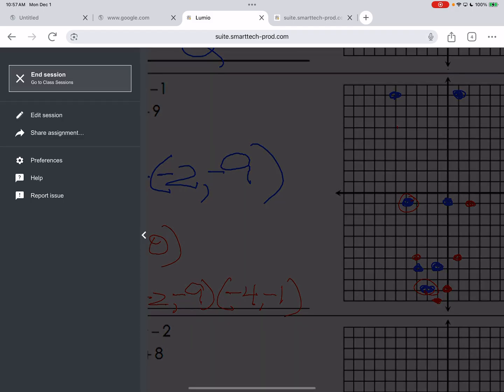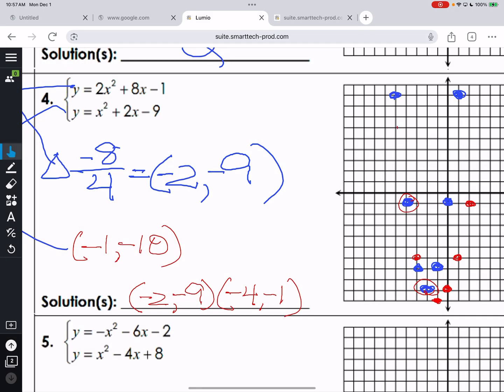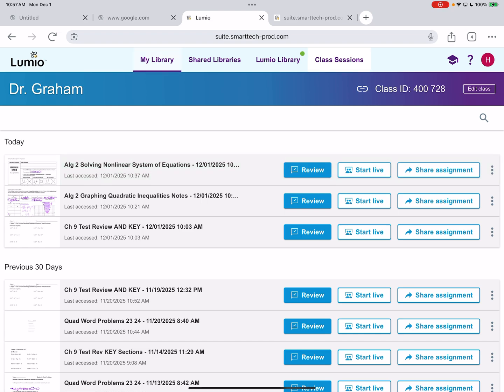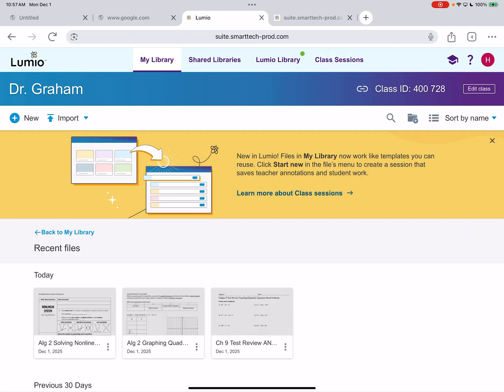Then the next part. I put it in. Let's see. Where did it go?